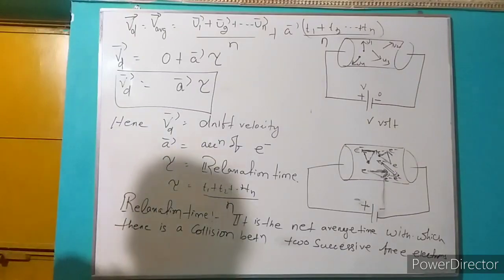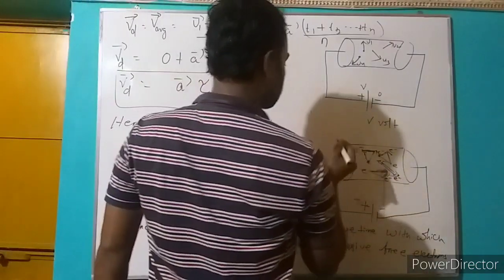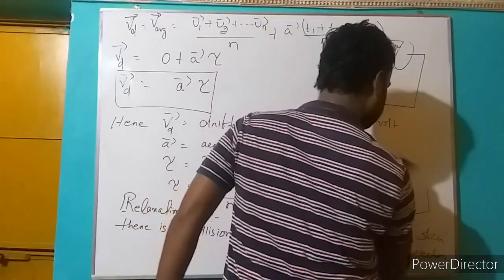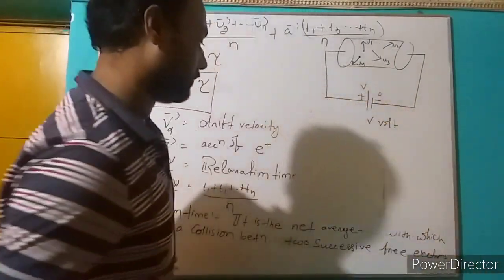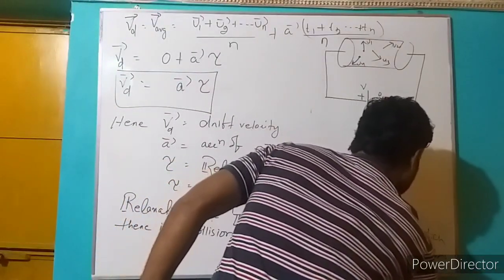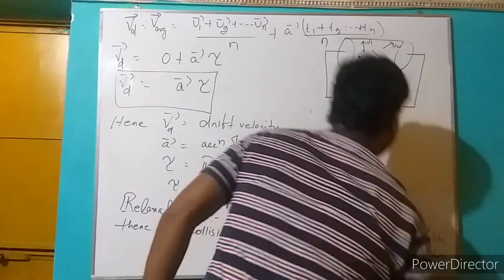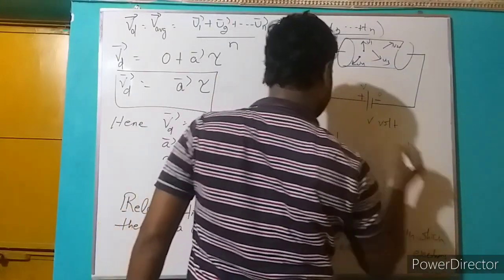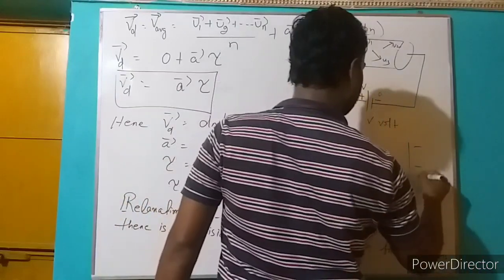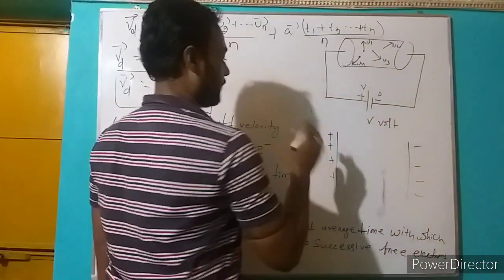Clear? So what is my relaxation time? Suppose here we consider this is the electric field, that is positive terminal is here and that is negative terminal, that means a battery if you connect it.